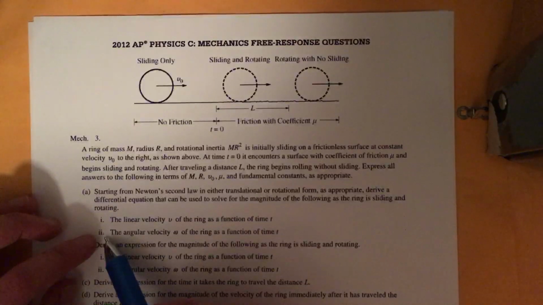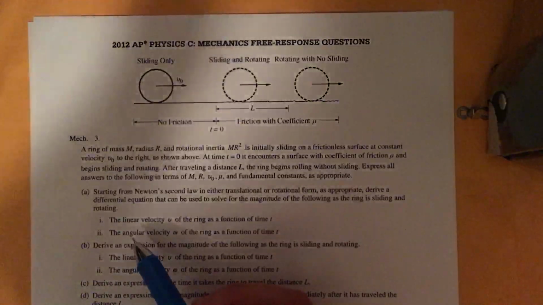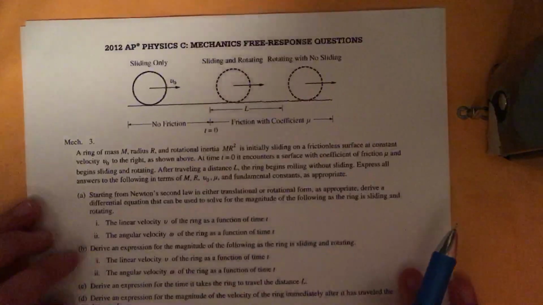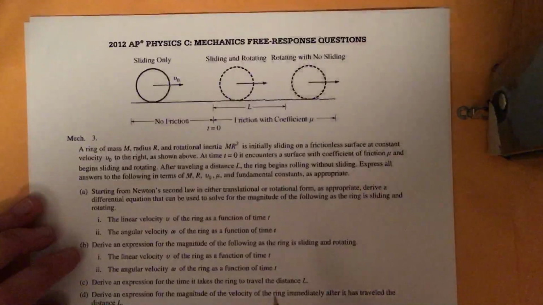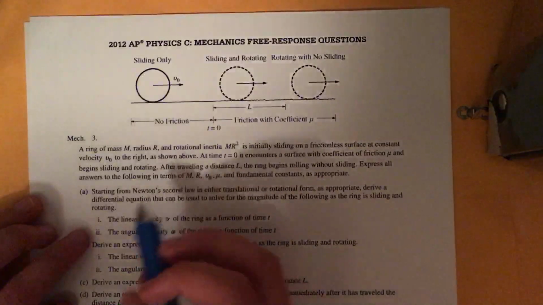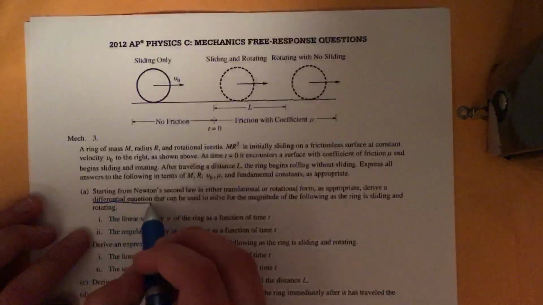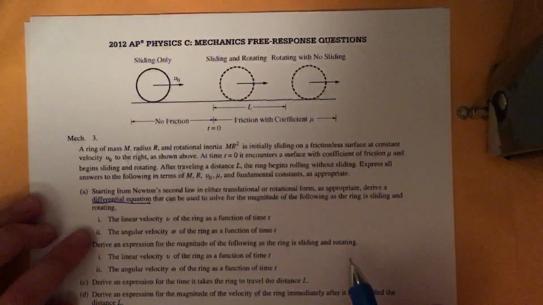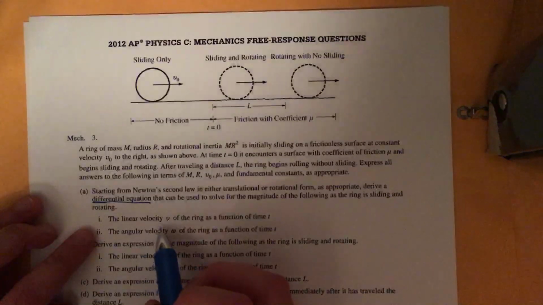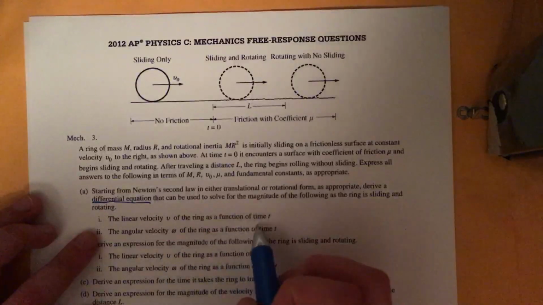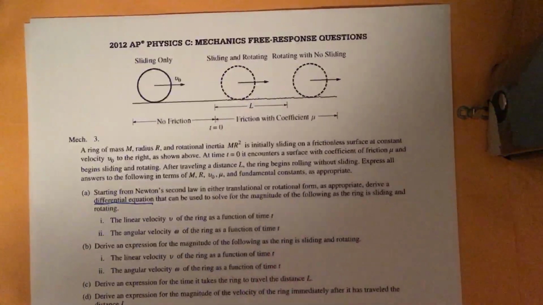We need a differential equation that can be used to solve for the linear velocity of the ring as a function of time.